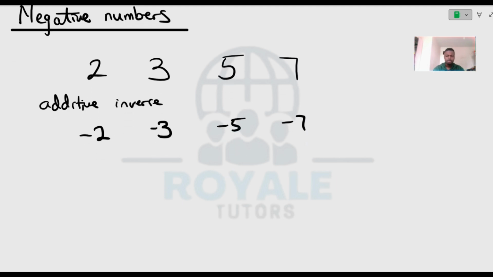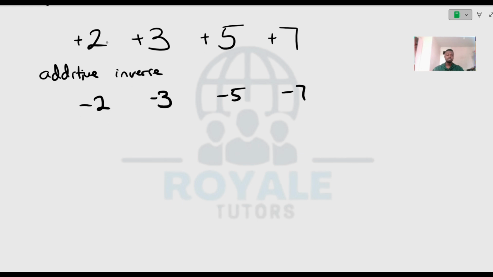I will say that positive numbers, I'm going to refer to them as credit, while I refer to negative numbers as debit. When someone comes to visit you at home and gives you money, the person has credited you.